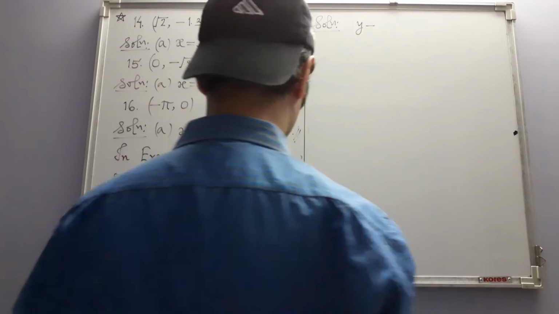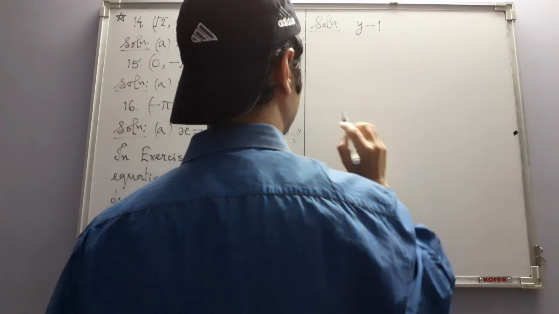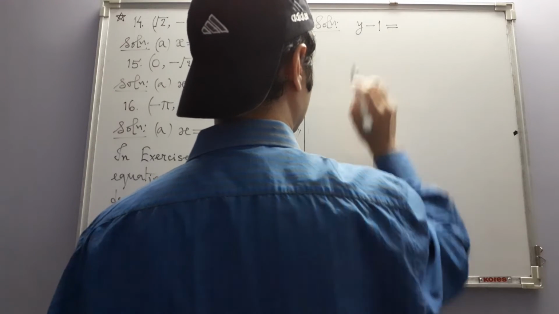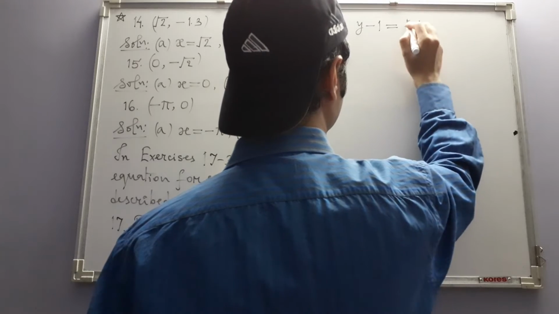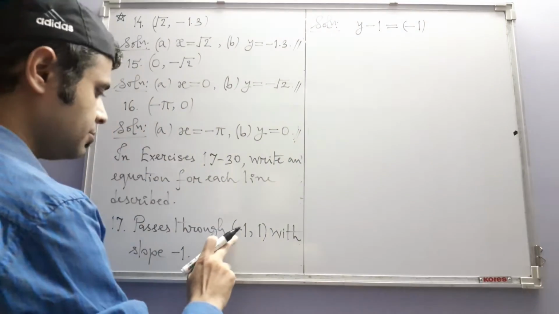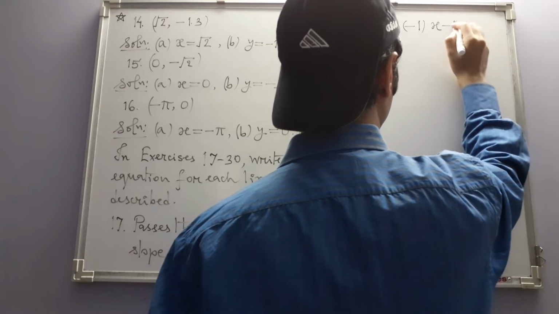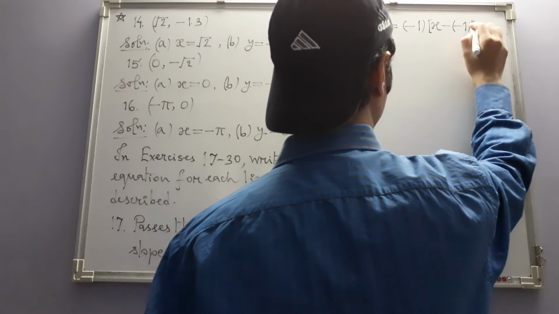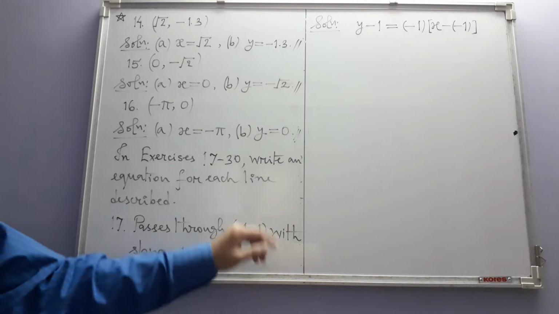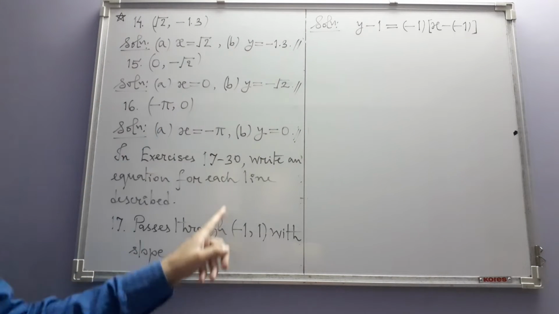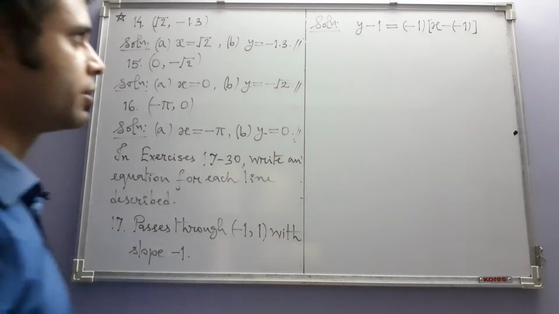Y minus 1 is equal to slope is -1 times x minus -1. That is, we subtract the y coordinate from y and we subtract the x coordinate from x and we have the equation in this form.